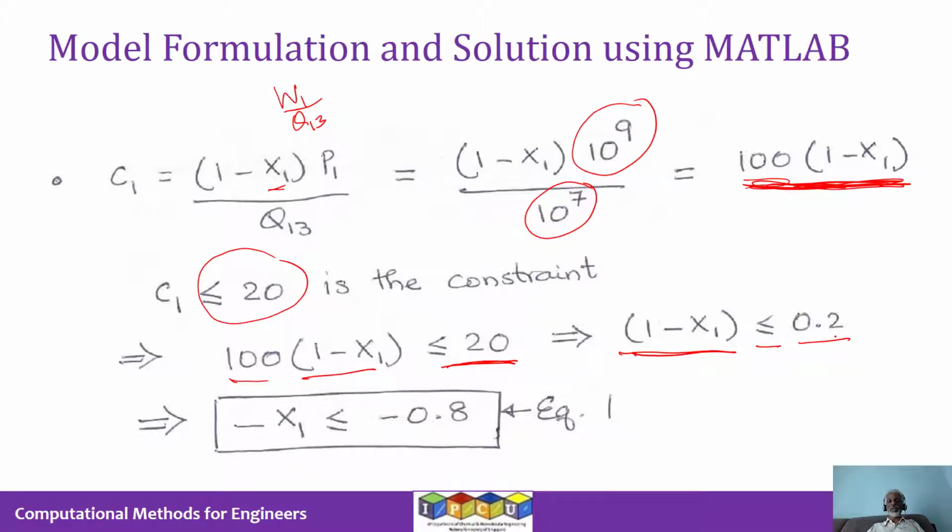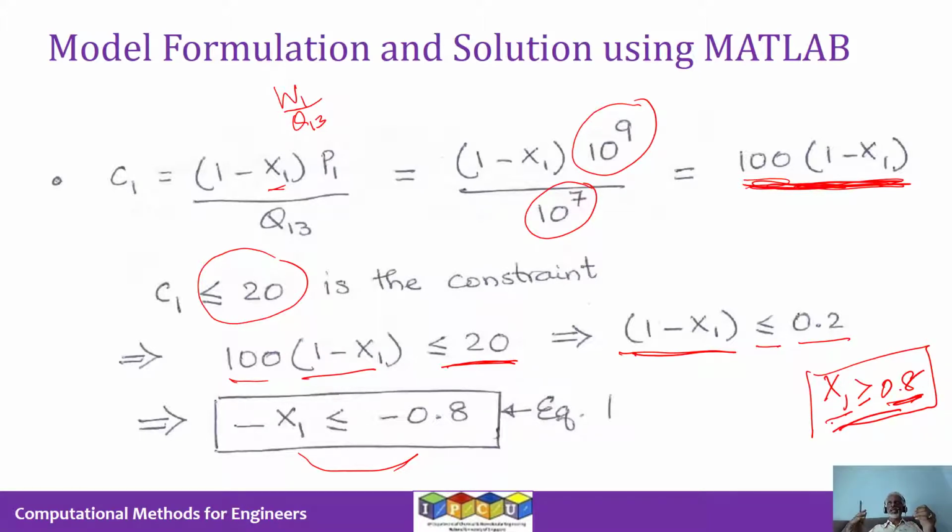And therefore, I can write minus x1 should be less than or equal to minus 0.8. Basically, we are saying x1 should be greater than or equal to 0.8. If you multiply by minus on both sides, minus x1 becomes x1, minus 0.8 becomes 0.8, and the inequality should reverse. If you multiply by a negative value, the sign of the inequality will reverse. So you get x1 greater than or equal to 0.8.